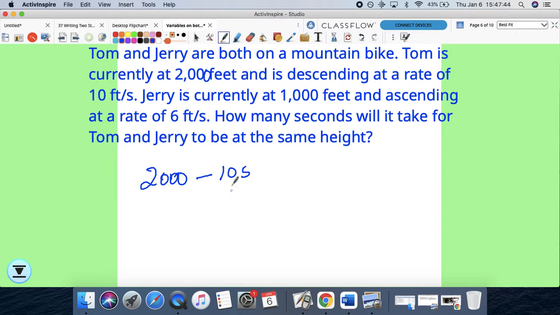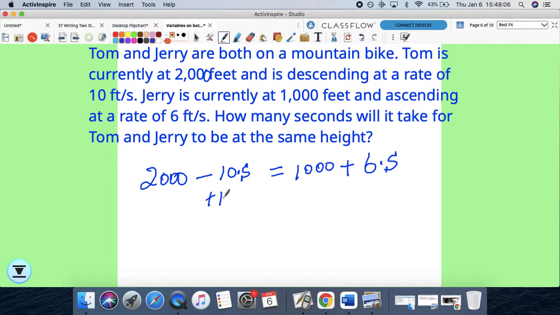10 feet times the number of seconds. And then the other guy is at 1,000 feet, and he's gaining, right? So gaining plus, and he's gaining 6 feet per second. I hope that looks like an S. So at what point or how many seconds after will they meet?